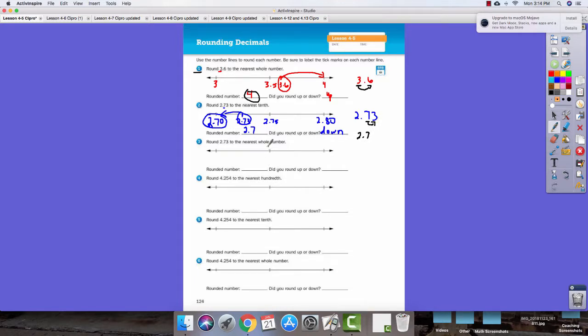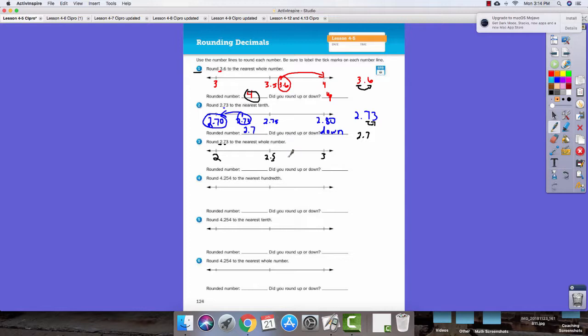Now we're going to take that same number, 2 and 73 hundredths, but this time round it to the nearest whole number. 2 and 73 hundredths will be between 2 wholes and the next whole up, 3 wholes. Right in the middle would be 2 and 5/10, or 2.5. Here I have 7/10, and my halfway mark is 5/10.